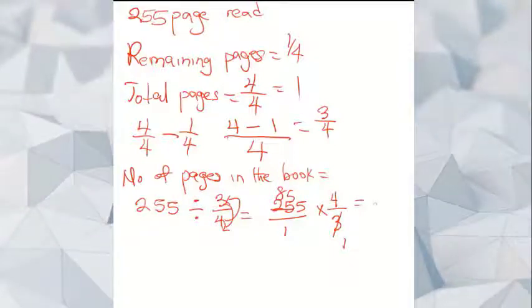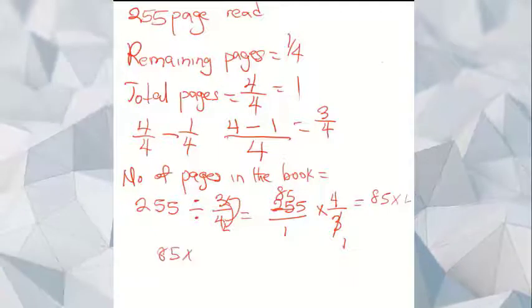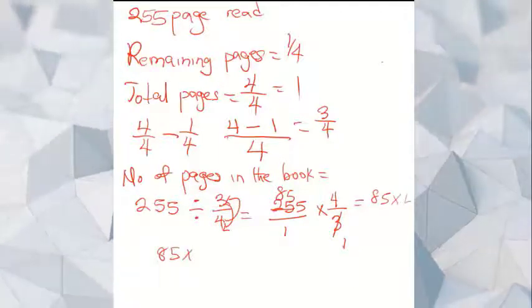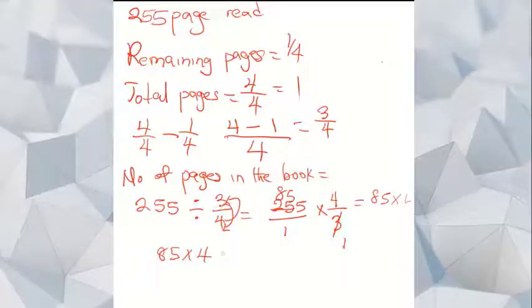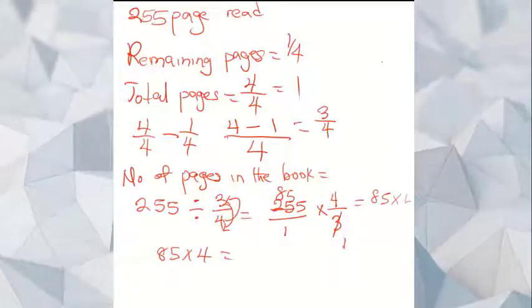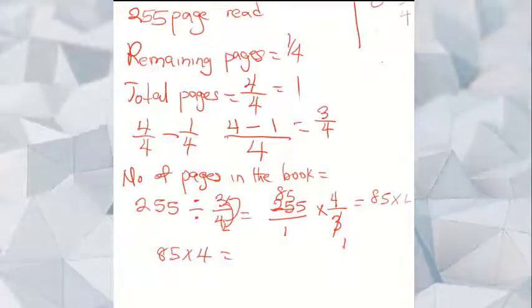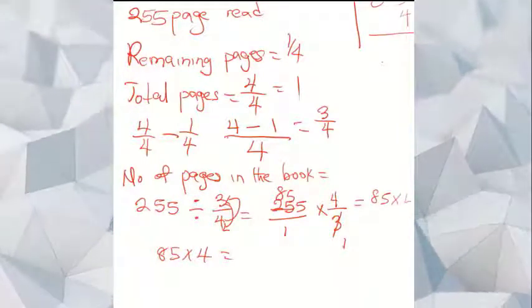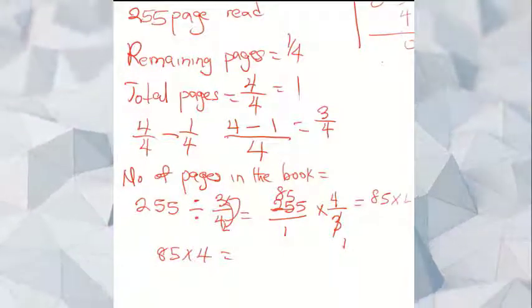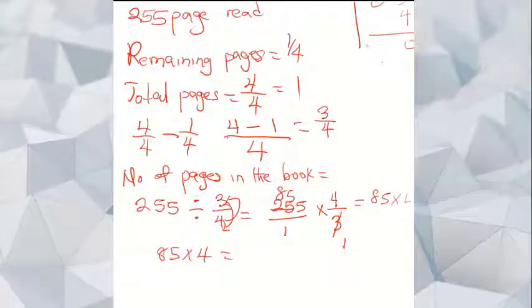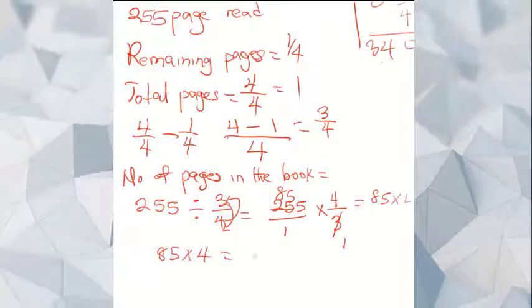So you have 85. 85 times 4. So 4 times 5 is 20, carry over 2. 4 times 8 is 32. 32 plus 2 is 34.